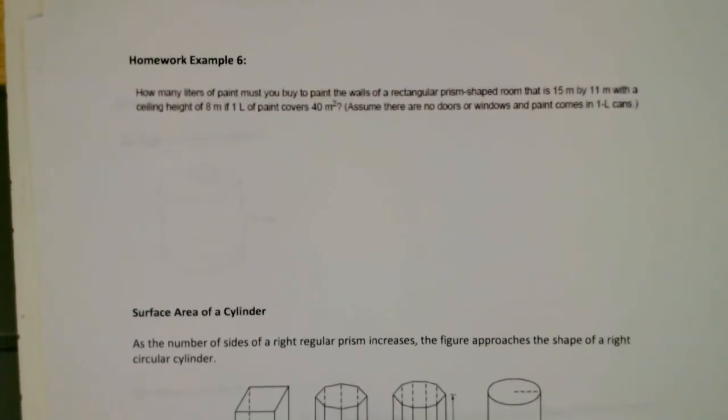And we're to assume that there are no doors or windows and paint comes in 1 liter cans. All right, so here we're just painting the walls. We're not painting the floor and we're not going to paint the ceiling.